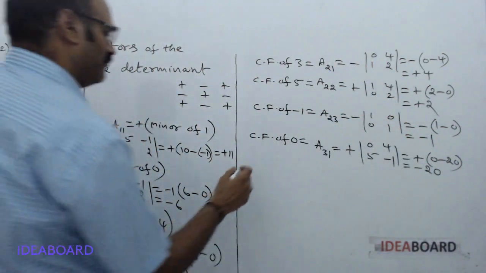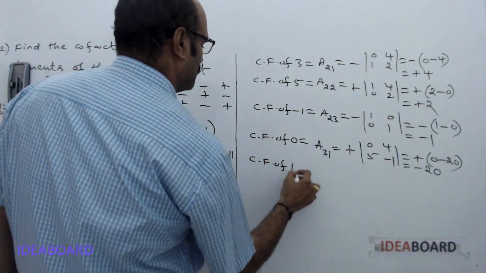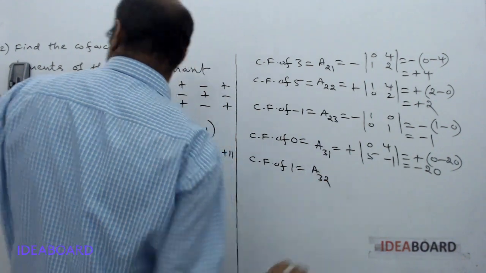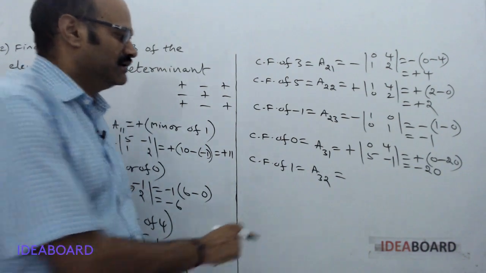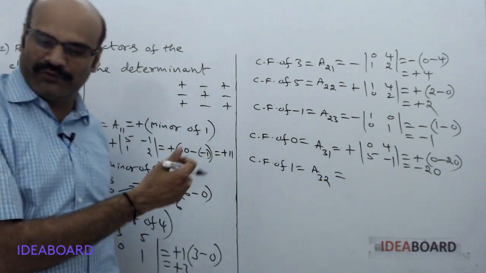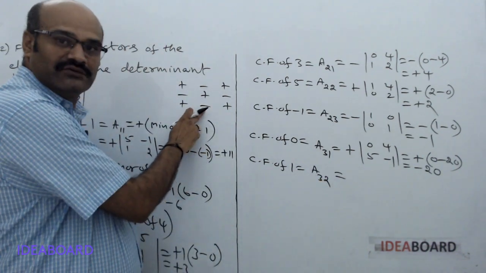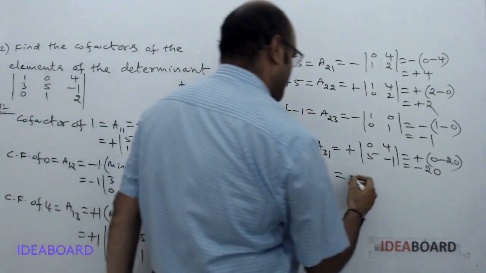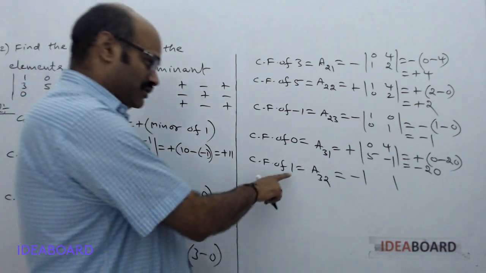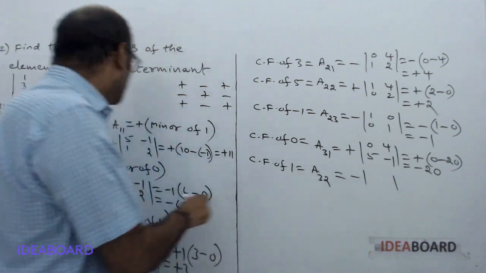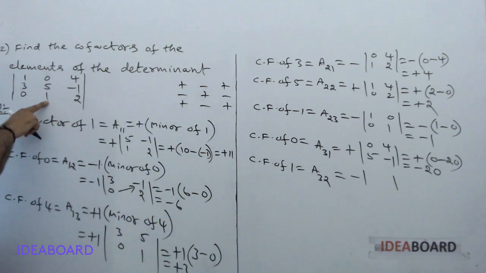Now cofactor of 1 equal to A32 equal to minus 1 whole power 3 plus 2, minus 1 whole power 5. So we are getting minus only, so we have to take minus into determinant of minor of 1. Minor of 1 means 1 lies in third row and second column.